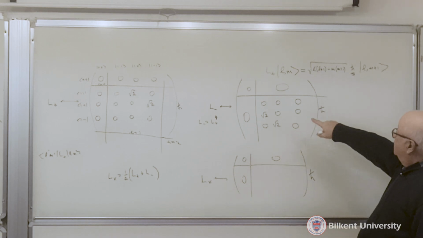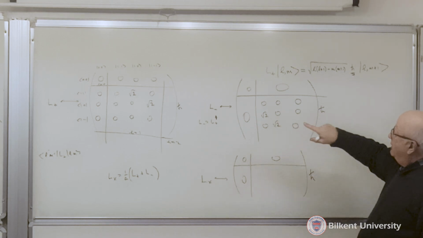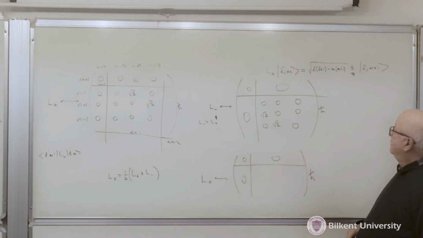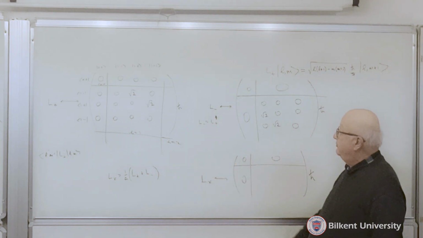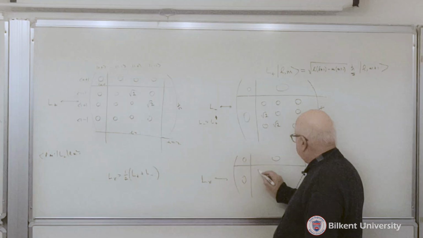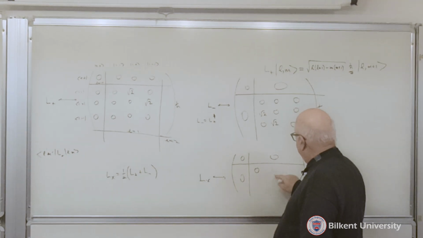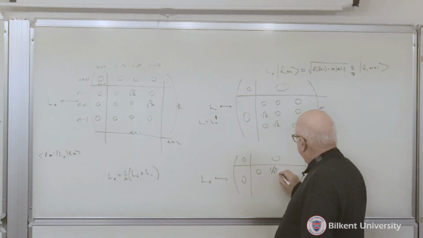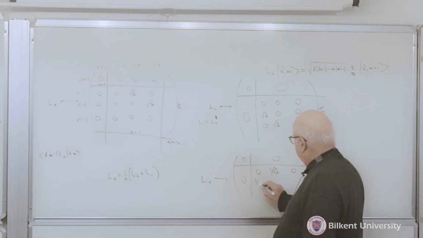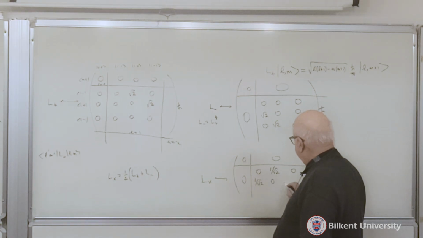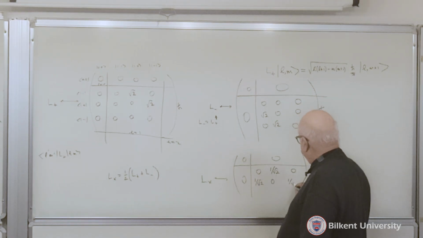Whenever I add these two objects together, I am going to get square root of 2's, but divided by 2, it's going to be 1 over square root of 2. So it will be 0, 1 over square root of 2, 0, 1 over square root of 2, 0, 1 over square root of 2, 0.